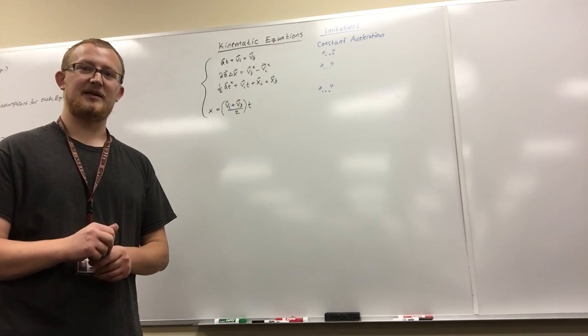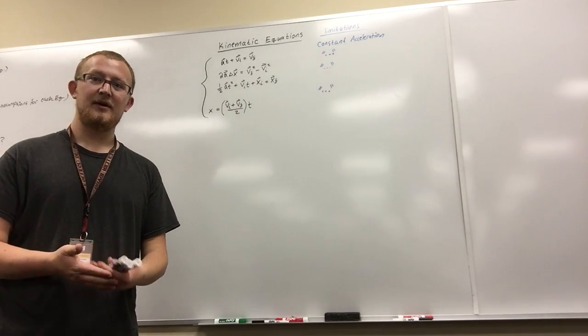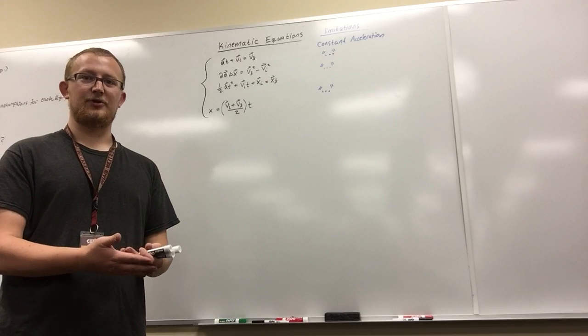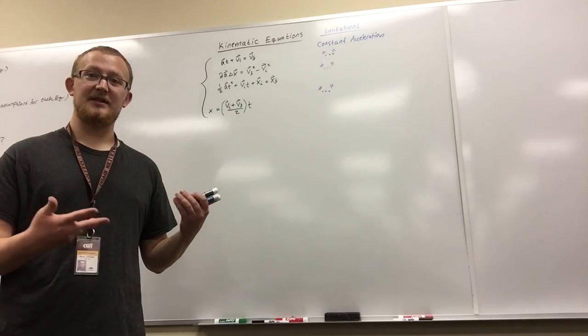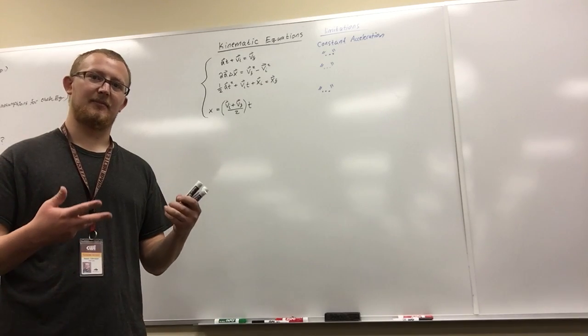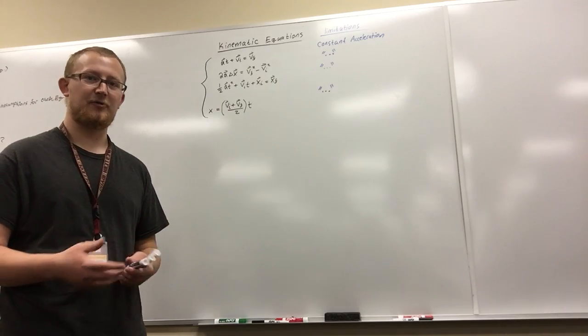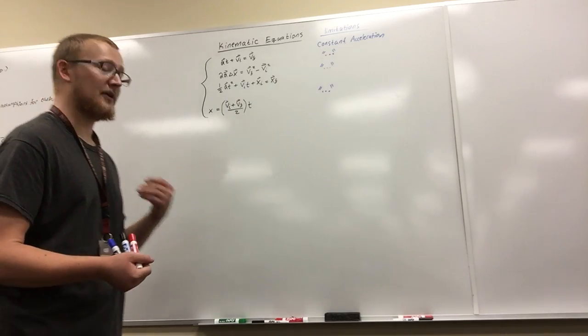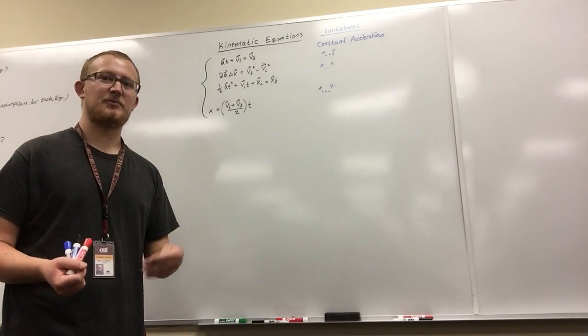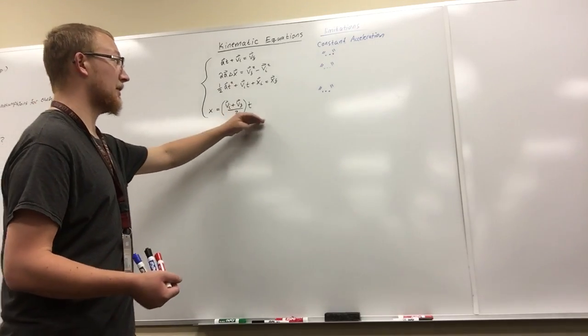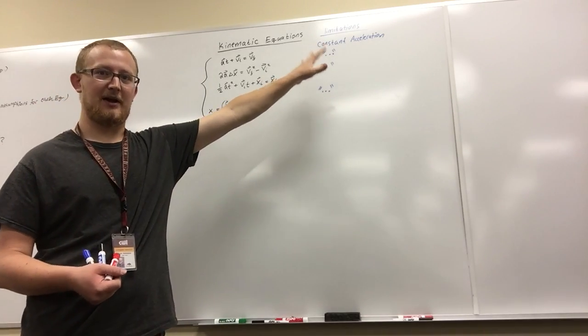Reason being is because gravity, electromagnetism, most of the natural forces are actually constant acceleration forces. And so looking at the natural world from a physics perspective means that we're going to be looking at constant acceleration a lot.